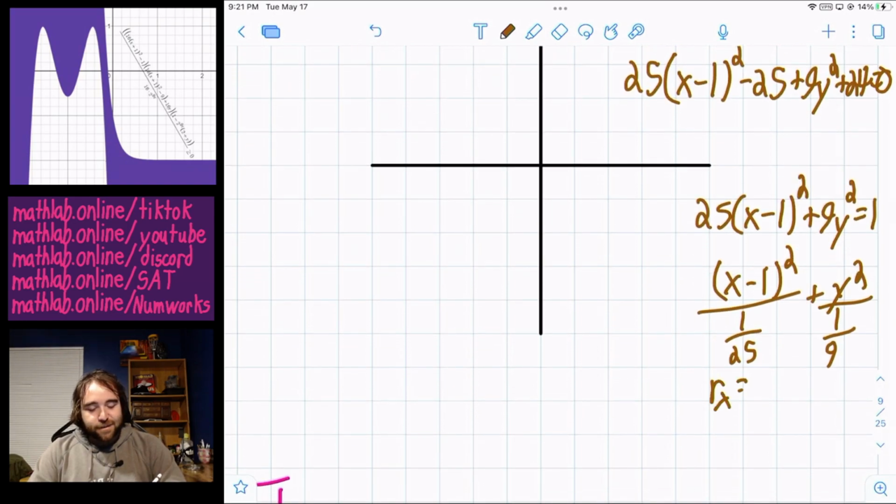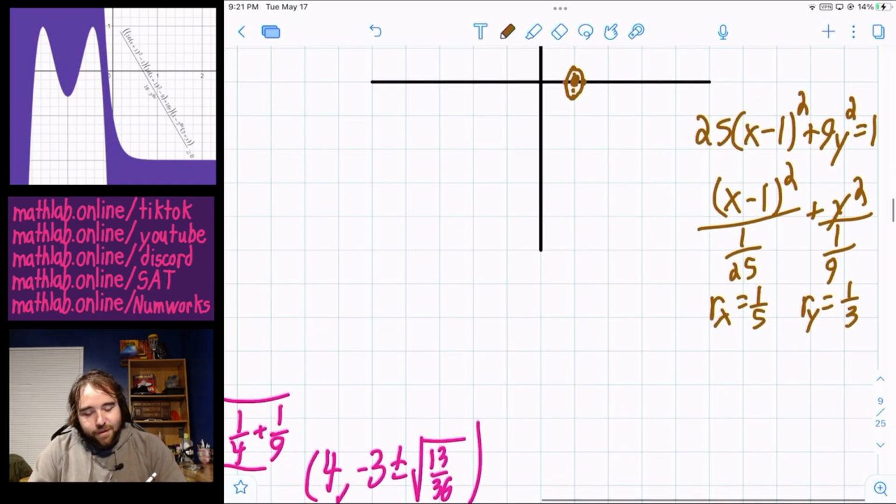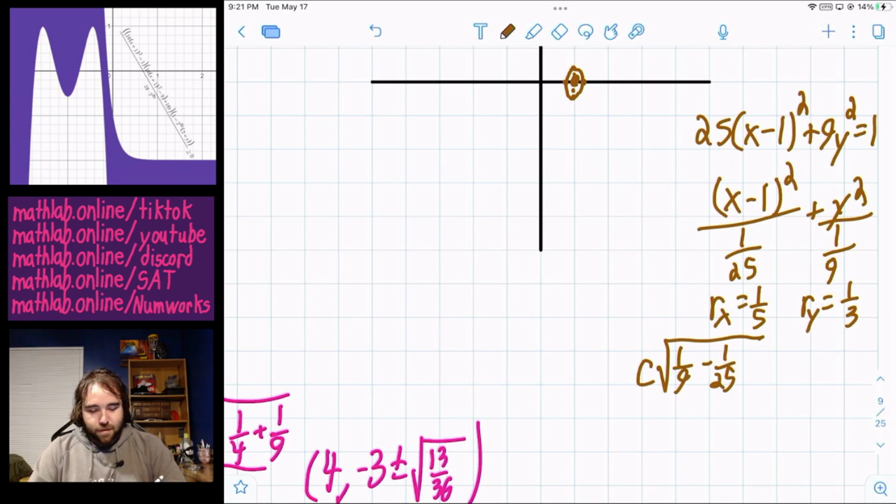So our Rx is 1/5 and our Ry is 1/3. Luckily, this is just an ellipse. So we're going to go 1/5 and 1/3. It's a little baby ellipse. So the foci, we just know they're going to be somewhere there. But let's see. So C is the square root of 1/9 minus 1/25. So that's common denominator. So root 16 over 25, 4/5.